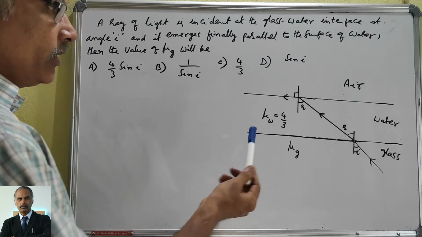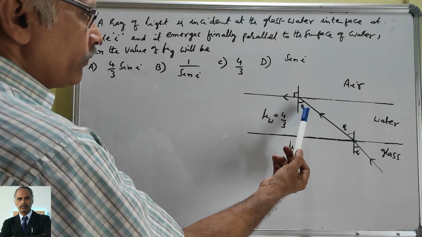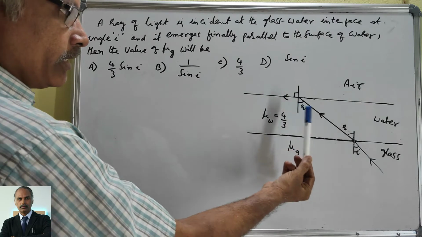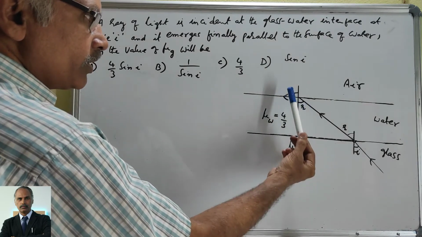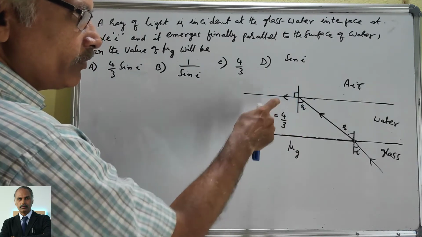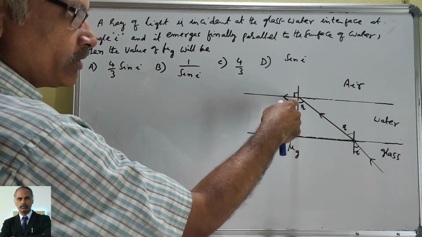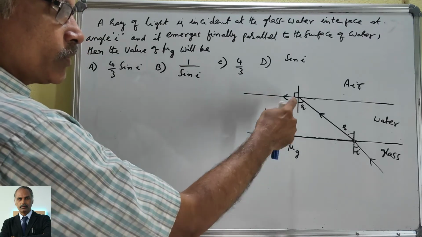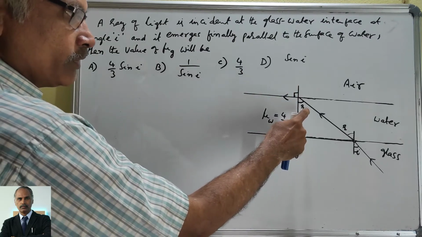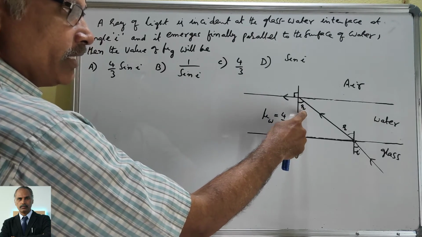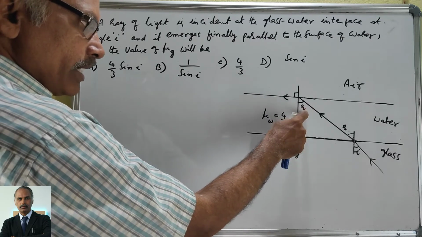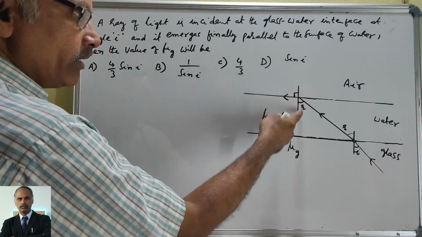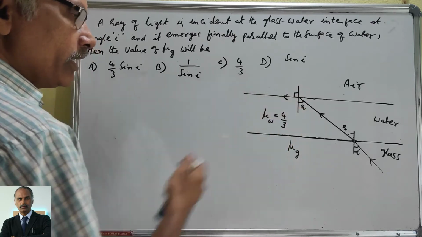Here, children, first take the water to air boundary. While coming from water to air, the angle of refraction is 90 degrees, because the light ray travels grazing the boundary of these two media. So the angle of incidence in the denser medium, water, that is R, is the critical angle.